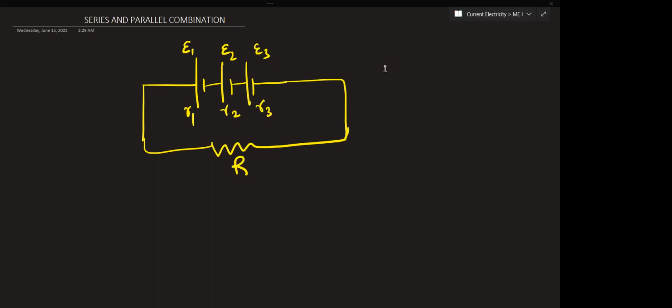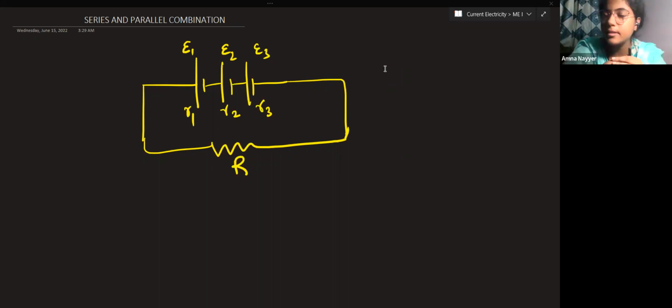So I was saying, yes, cells are connected. Now, equivalent EMF, if we have to calculate, EMF is basically electromotive force, which is whatever we have studied for potential. It's basically the maximum value of potential difference, which is applied across the ends, or you can say it's the potential of the internal resistance of the cell.